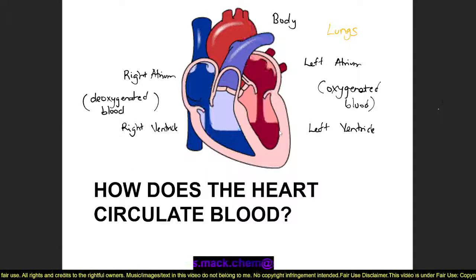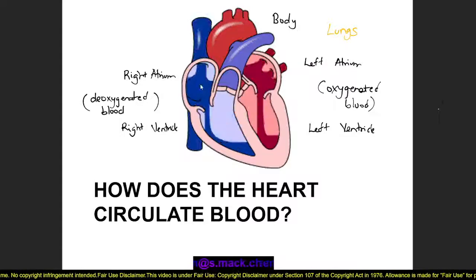When the right and left ventricles squeeze, blood is pushed out of the heart. Right, so blood fills into the right and left atrium. We see it filling in. It squeezes. Blood goes down to the right and left ventricles. When the right and left ventricles squeeze, blood is pumped out of the heart.